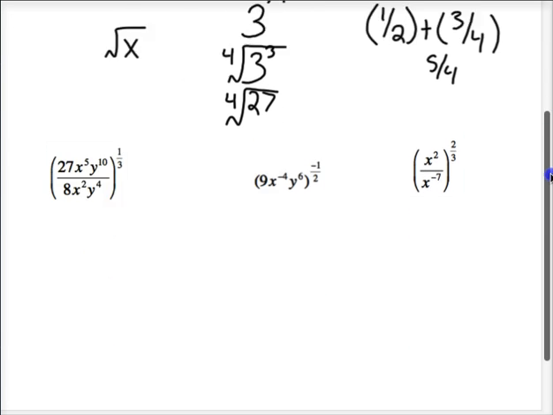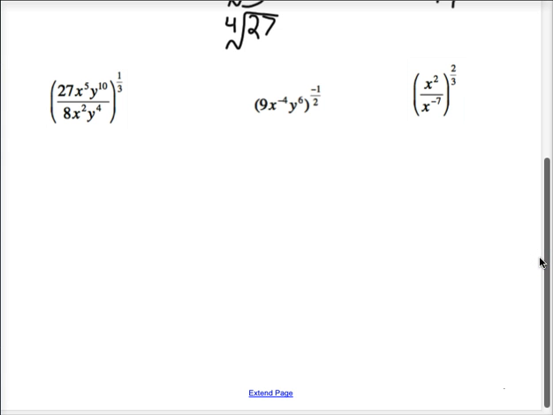So moving right along to our next one. Now remember what I said at the beginning. Think order of operations. So I'm going to simplify that fraction first before I even consider the exponent. I'm going to simplify the parenthesis. So 27 over 8 can't simplify, okay? That doesn't reduce. However, x to the 5 over x to the 2.